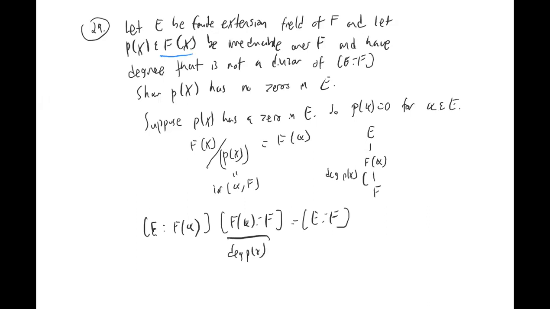So in other words, the degree of p of x divides this thing, and that contradicts this part. So by contradiction, it has no zeros.